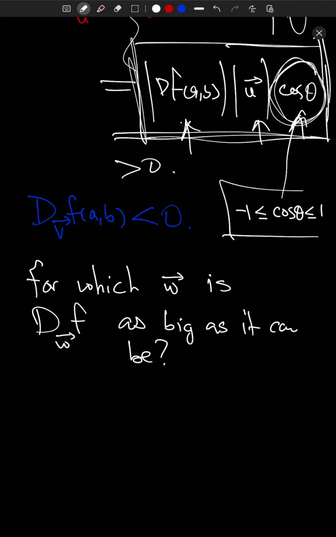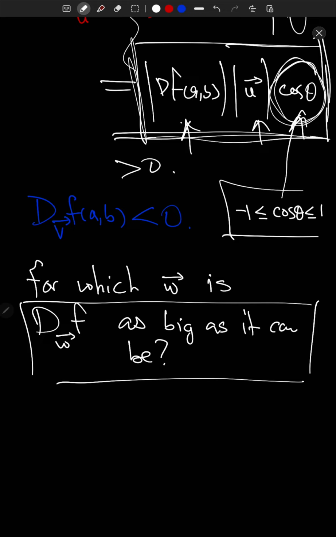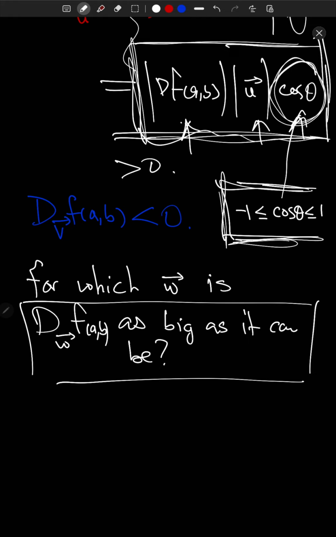Okay. Again, if we're thinking about a hill, and we're standing at the point (a, b), this is basically asking me in which direction is the hill as steep as possible, just at the point where I'm standing. Okay. So again, let me emphasize that with the (a, b) here. What is that? Well, like I said, cosine we know is between minus 1 and 1. So the biggest this expression over here can be is when cosine theta is equal to 1.